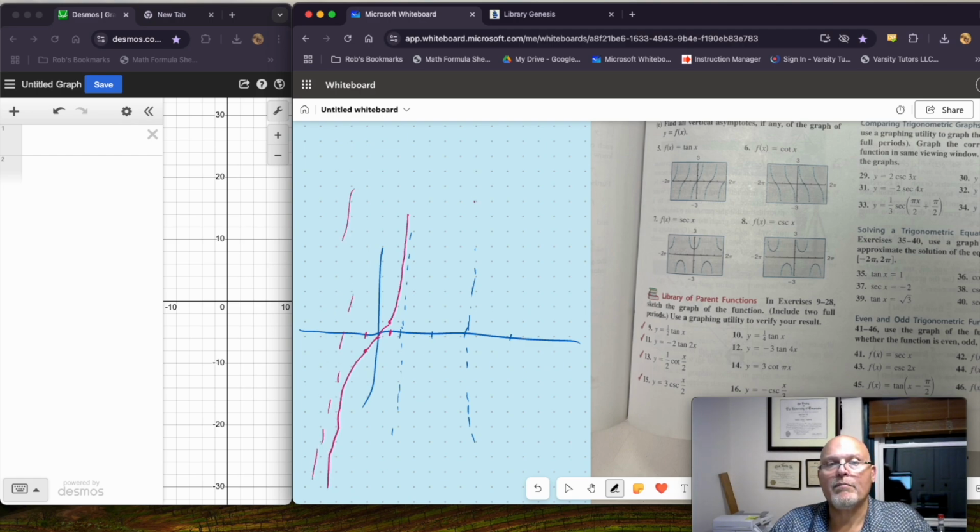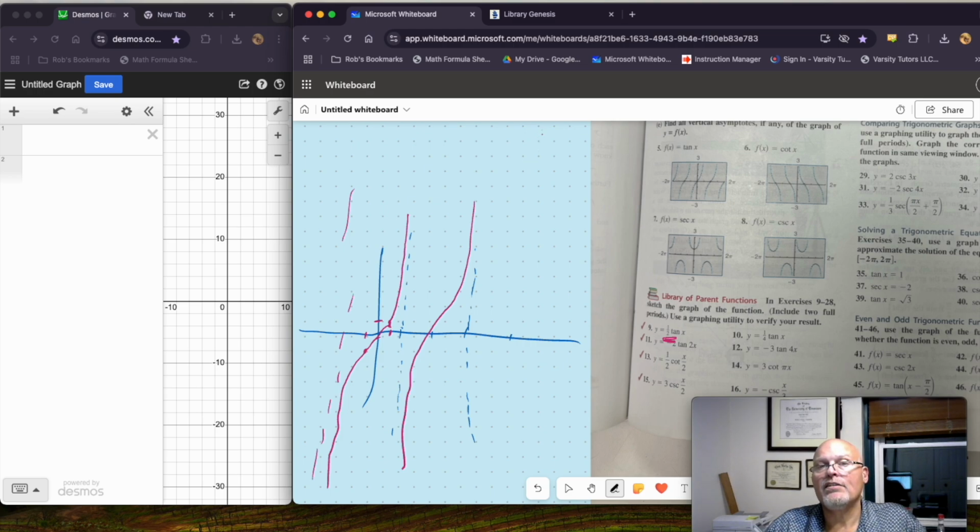Okay, and then that's going to repeat here. So what is the impact of this vertical shrink of 1/2? Very little changes here, except that every point is 1/2 of it. So the asymptotes don't really matter. And here, instead of being at 1, it will be at 1/2.